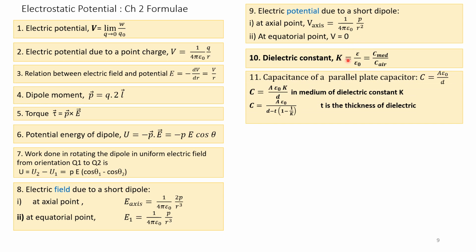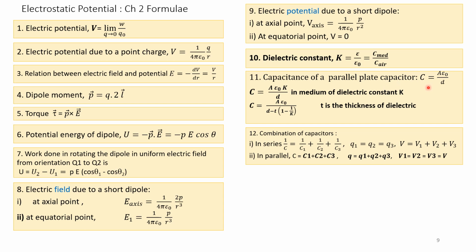Dielectric constant K is equal to epsilon over epsilon naught, that is, capacitance in the medium divided by capacitance in air.